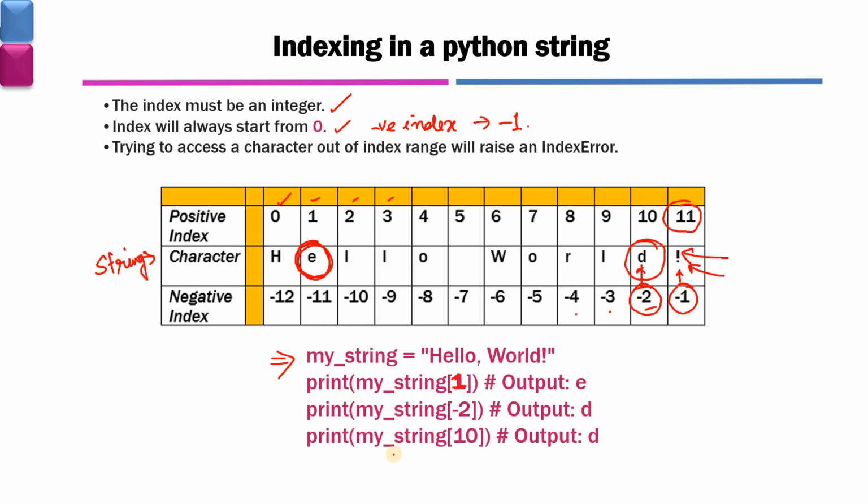Similarly, if I use a positive index, then my string 10 also will give you D. So if you are using a positive index, you have to give 10, and if you are using a negative index, you have to give -2. Both these give the same character D. Whether you use a positive index or a negative index depends on you. So you have understood what indexing is, but don't worry, we will do a lot of practice when we go to the Jupyter Notebook.